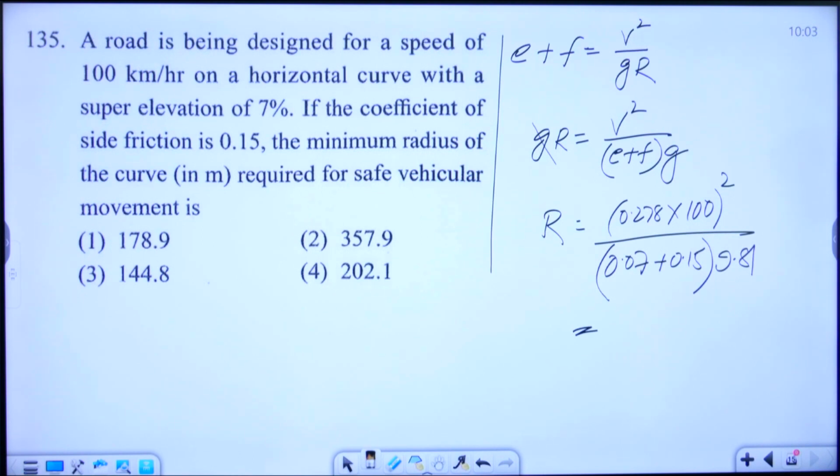So 0.278 multiplied by 100 whole square, the value comes out to be 778.84, divided by 0.07 plus 0.15 into 9.81.